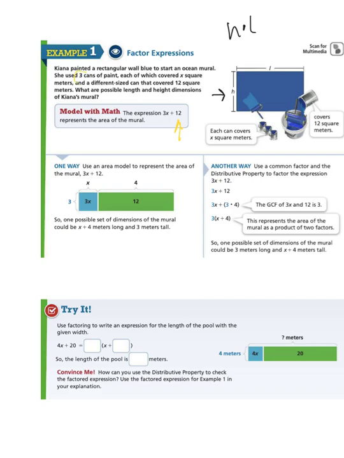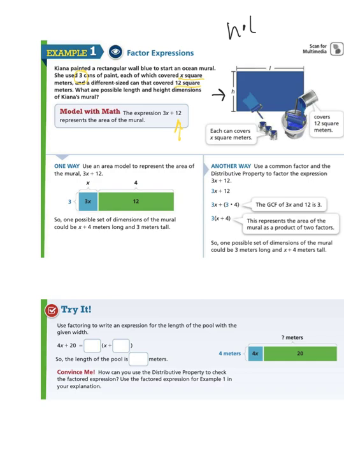So go back and highlight or underline or circle the important parts. It covers X square feet, and then you know that can cover 12 square meters. So what are the possible lengths and widths?